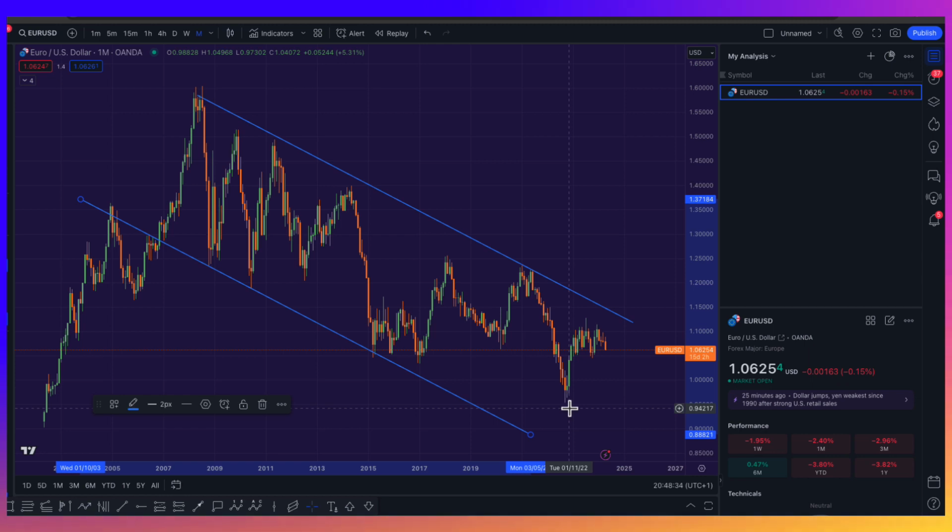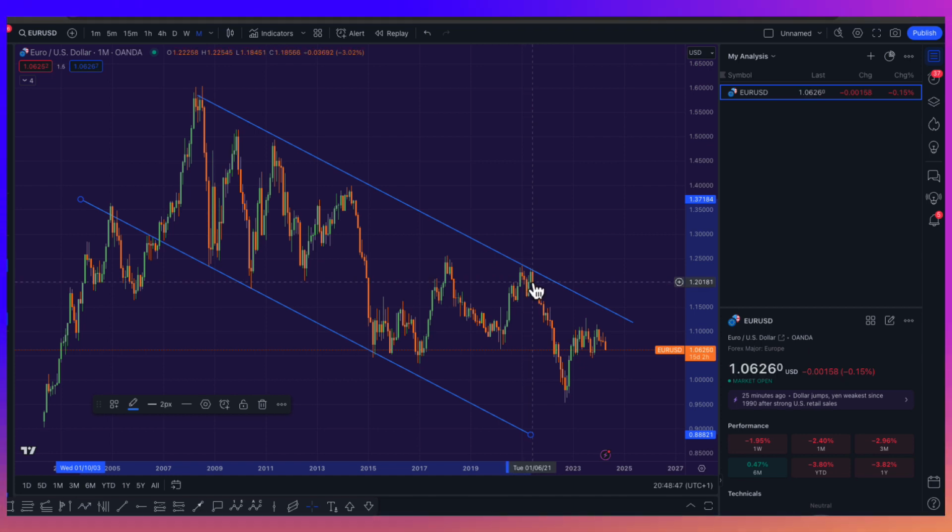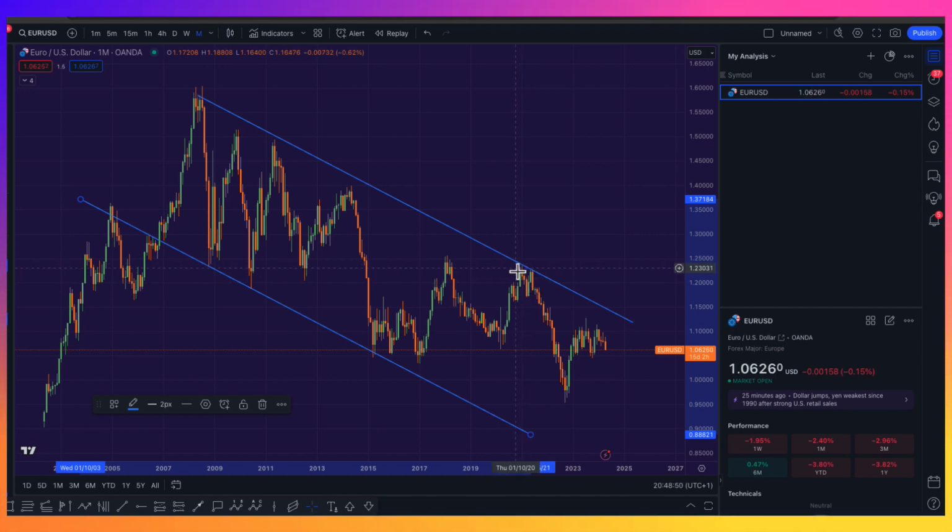At this stage, with regards to the fractal levels, the main fractal levels are the lower high in this area, and my downwards level will be here.